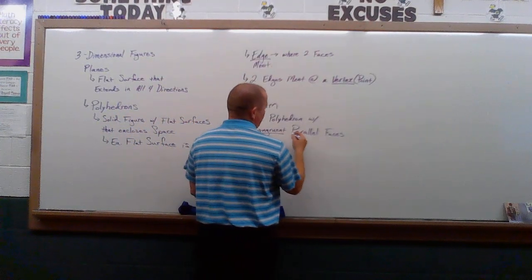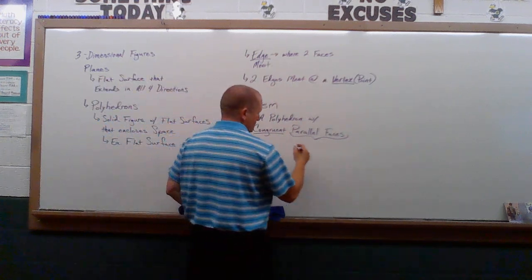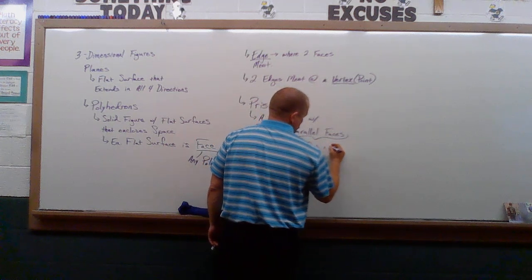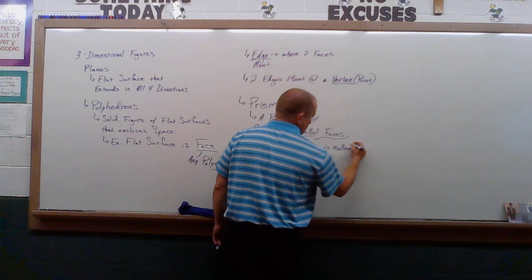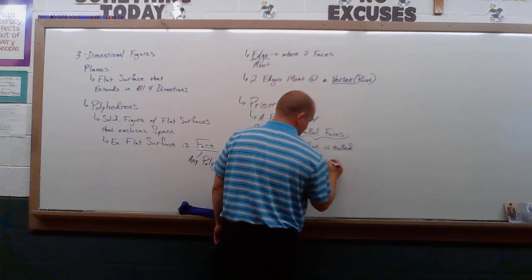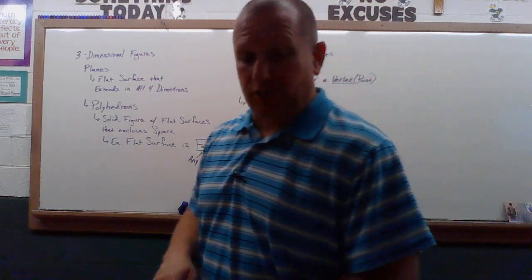The parallel faces have a special name. One set of parallel faces is called the bases. So this is where it gets confusing with a, what did you call this?